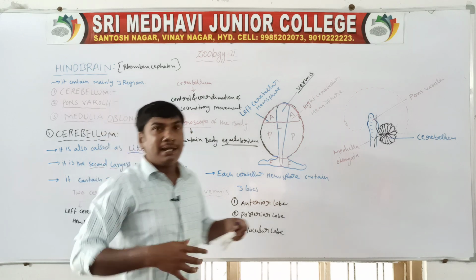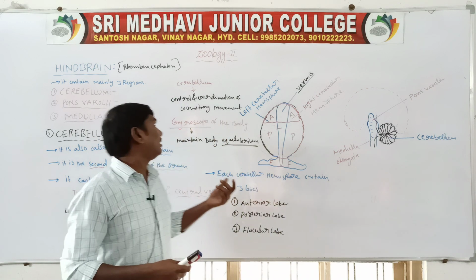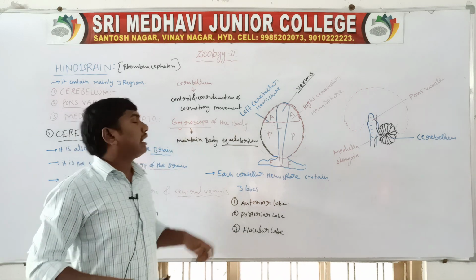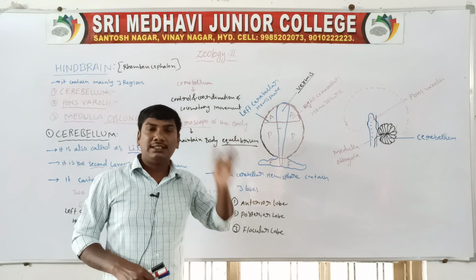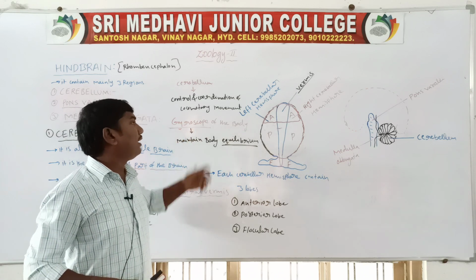Body equilibrium means maintaining the body balance. So the cerebellum is called the gyroscope of the body.